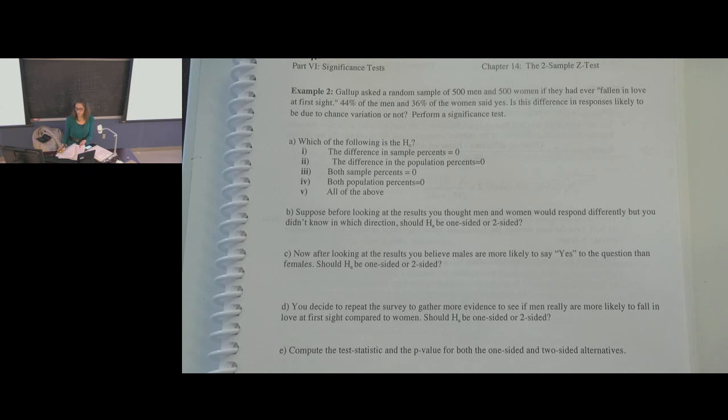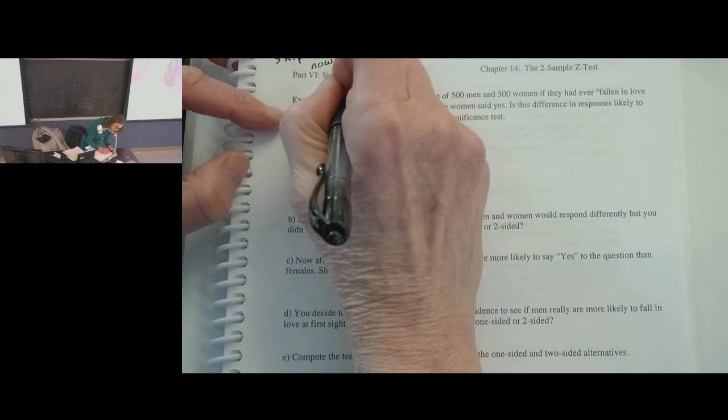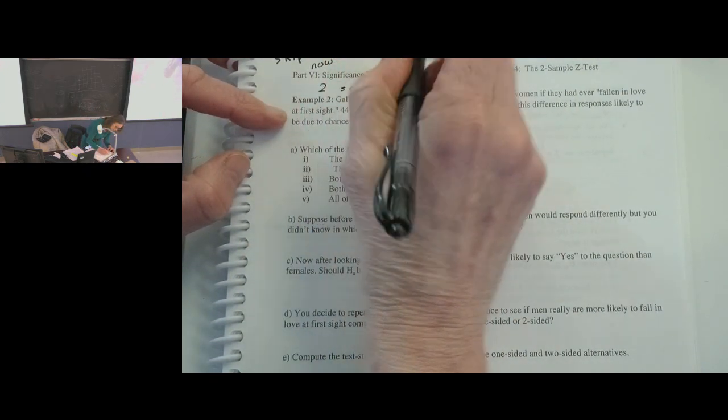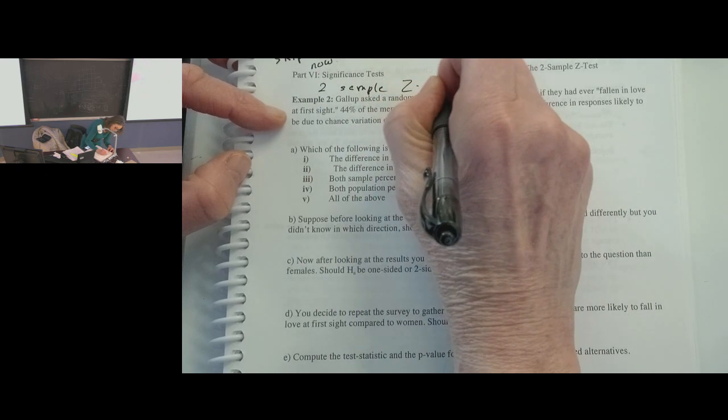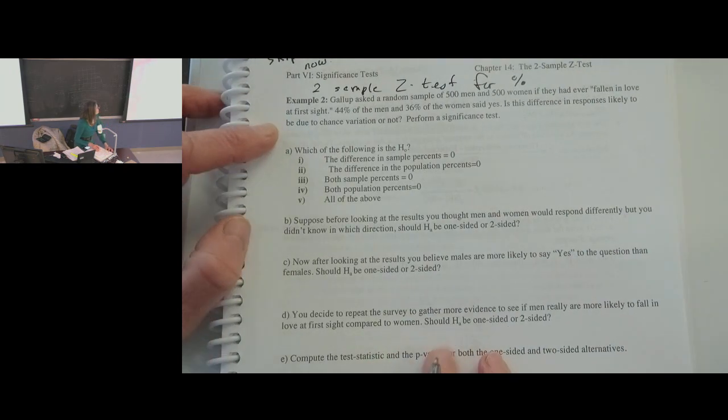So this is a 2-sample z-test for percents. Let's write that down here. All right. So this was around Valentine's Day.